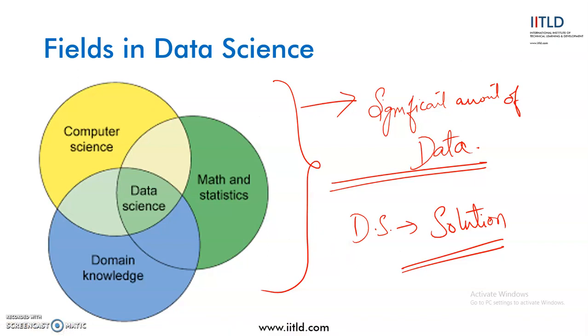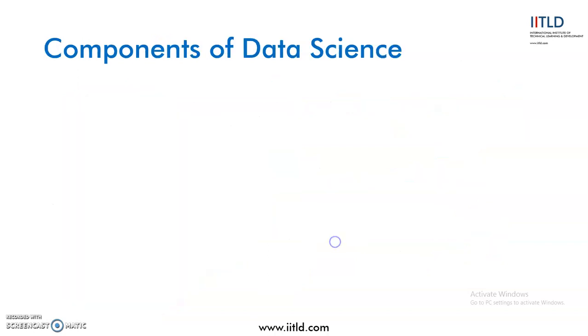Welcome back, friends. After understanding the three major fields in data science, which are math and stats, computer science, and your specific domain knowledge, we will now see the different components that are there in data science.